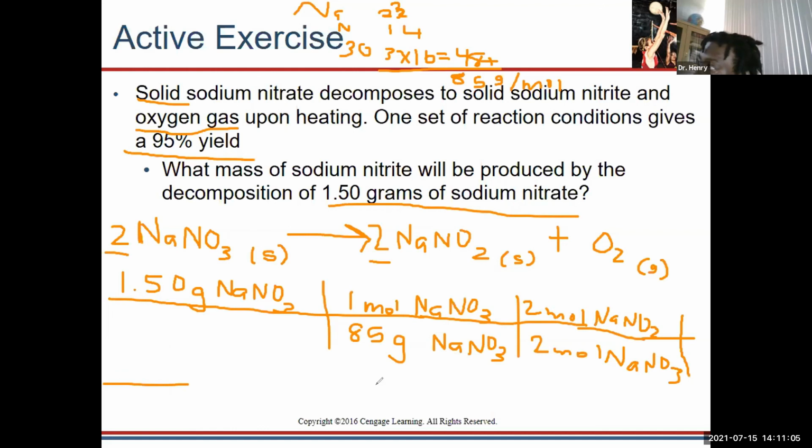So for every 1 mole of NaNO3, I mean NO2, that's going to equal, well, if it's 85, 85 minus 16 would be 69. Is that right? Yes.